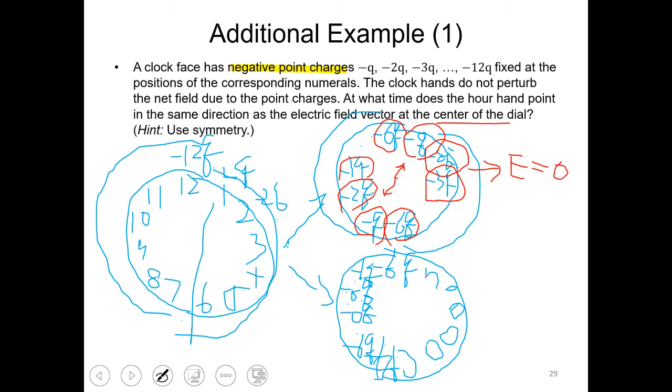For the lower case, we have minus 6Q from 7, 8, 9, 10 to 11. So the E field generated at the center will point in this direction, between 9 and 10, actually halfway. So the answer will be 9:30.